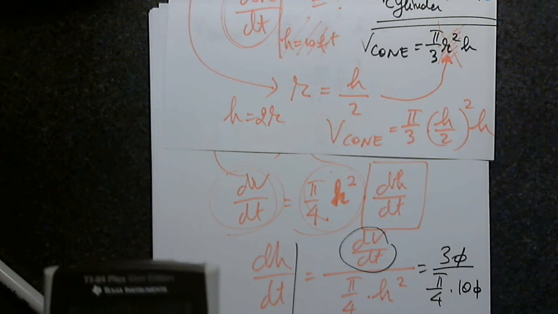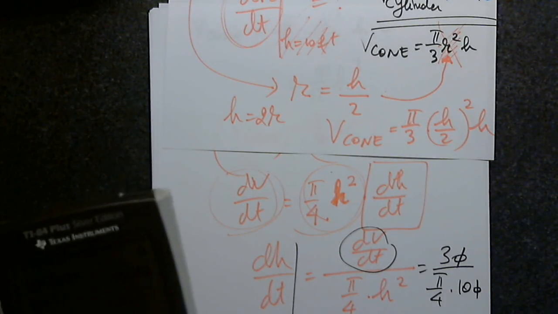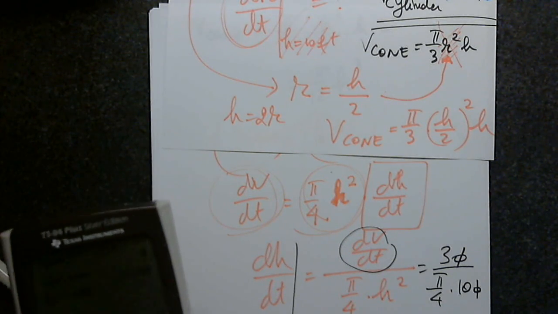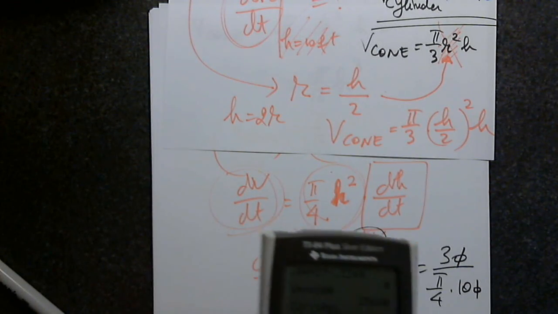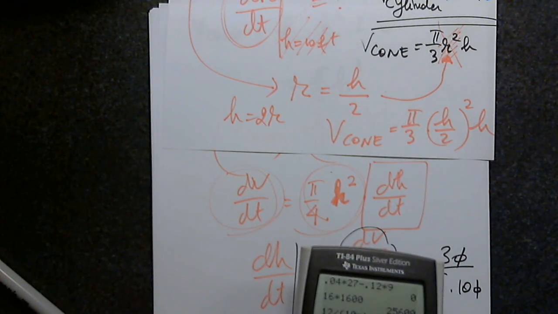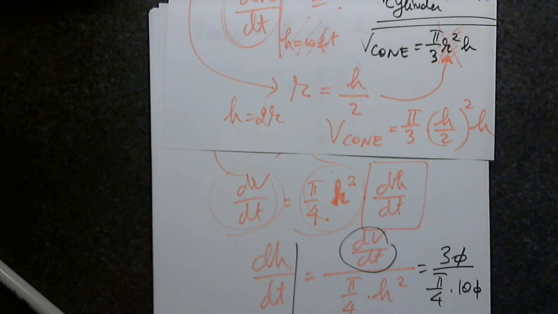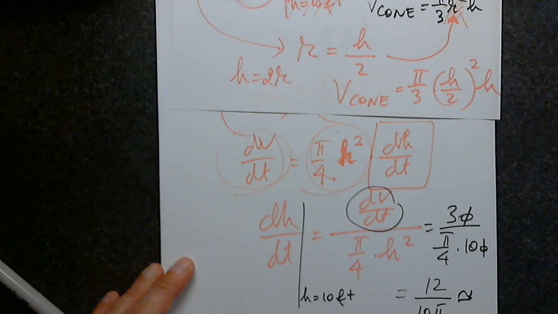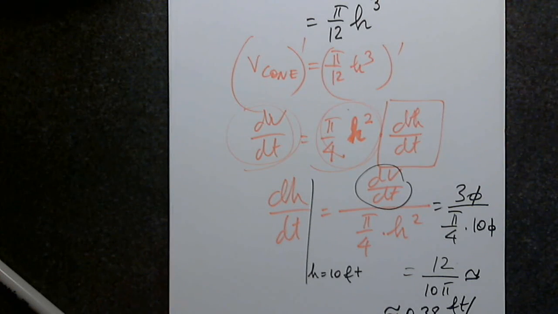So careful, it's 12 divided by 10 times pi. So I got 0.38 approximately. So what does this represent? It's a rate of change. It has to have two measurement units. Feet per minute. Very good. Because it's the height. The rate of change of height with respect to time, indeed.